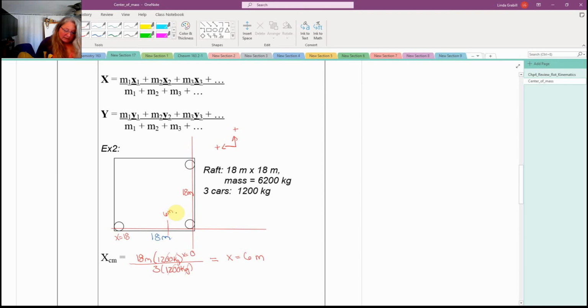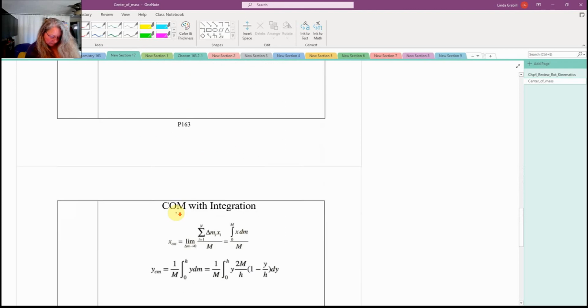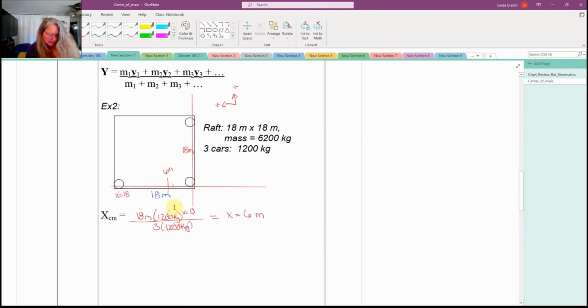That's my x. Now let's do my y. Okay, and I just lied to myself. There is no y on this page, so let's just write it out. My y center of mass then. This is my y-axis, and this is my y equals 0.